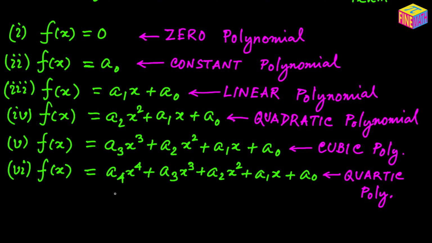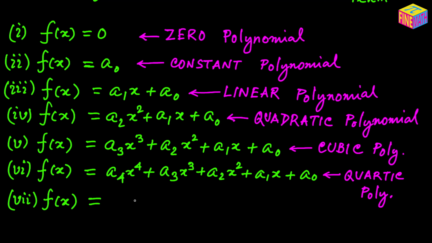Similarly, if we have a situation where all of the coefficients are 0 all the way up to a sub 6, then we are going to end up with a polynomial which is going to look like this. So I think I'll do this one other scenario and then we'll talk about the general form, right? So here our polynomial function will look like this when all of the coefficients up to a sub 6 are 0.